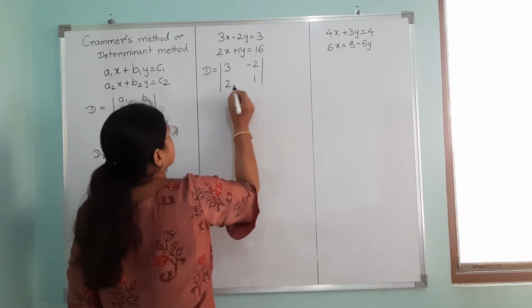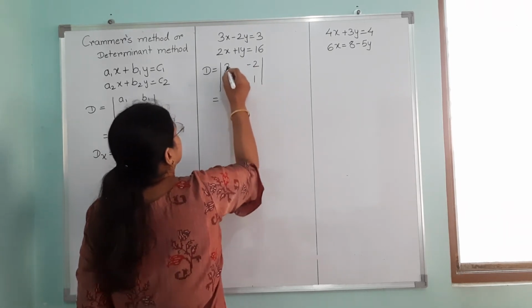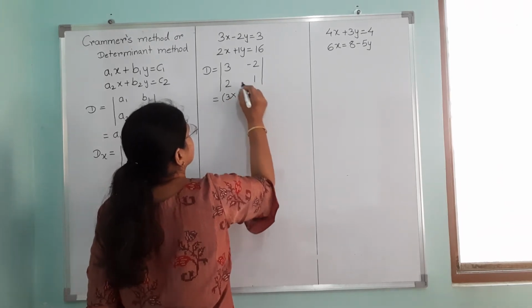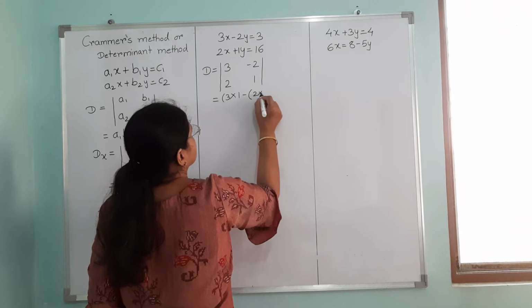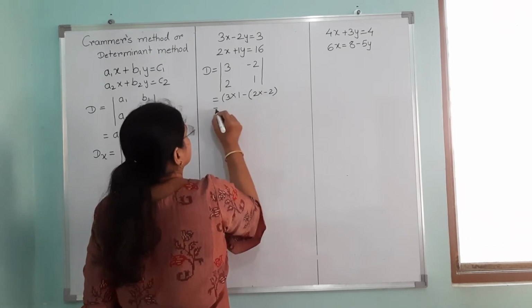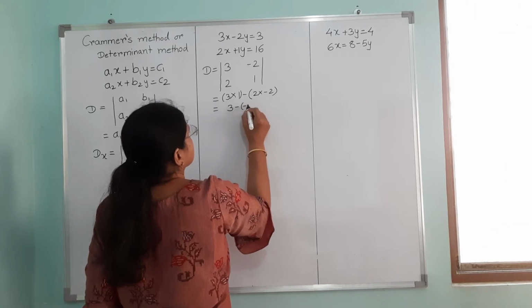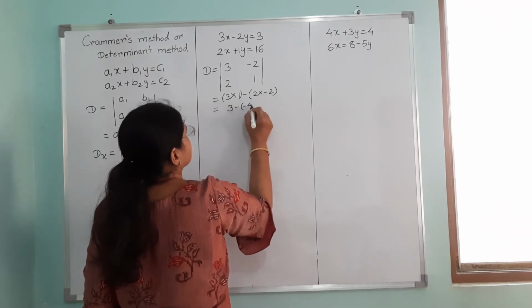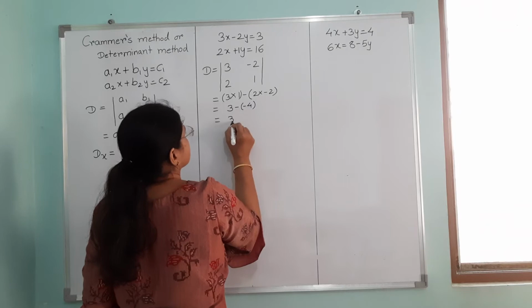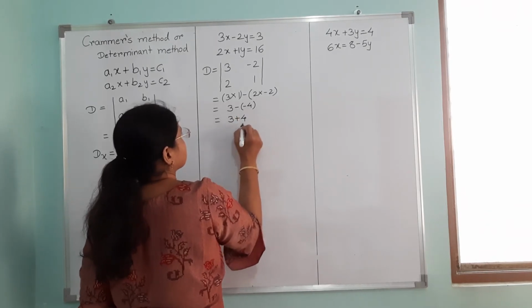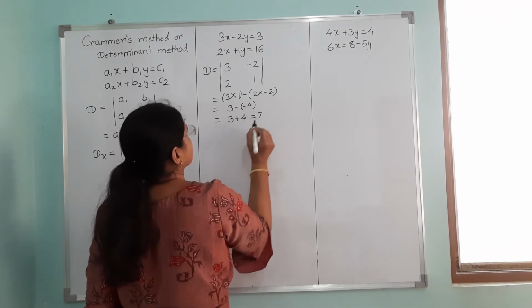Its value will be 3 into 1 minus 2 into minus 2. 3 into 1 is 3, minus 2 into minus 2, that becomes plus 4, and we get the value 7.